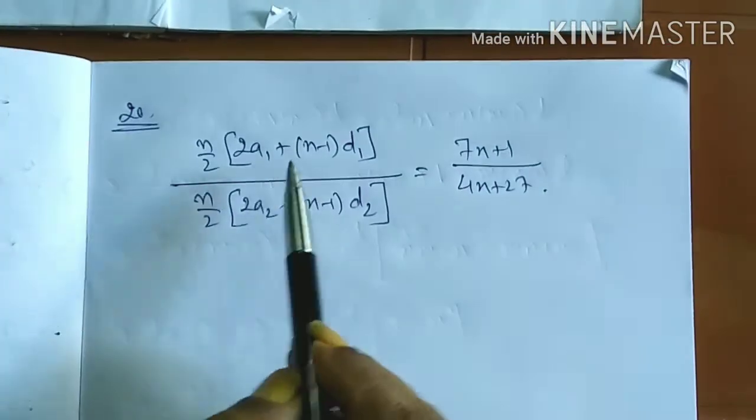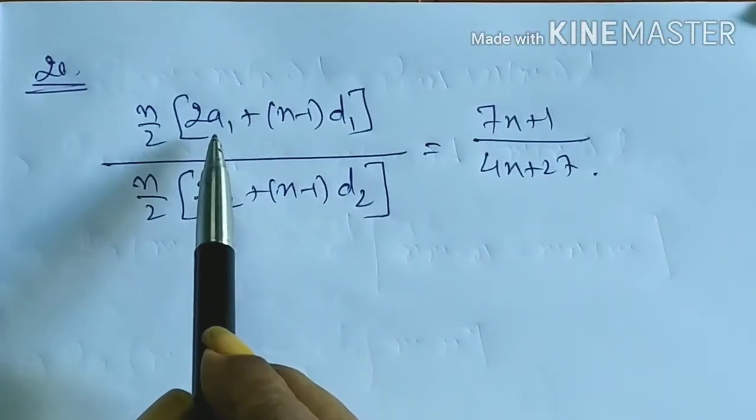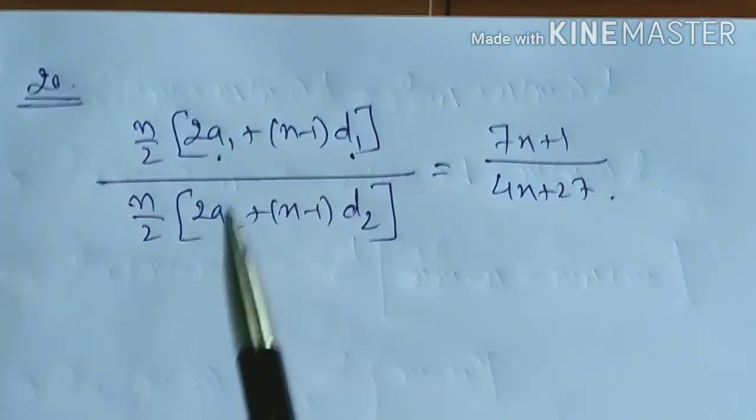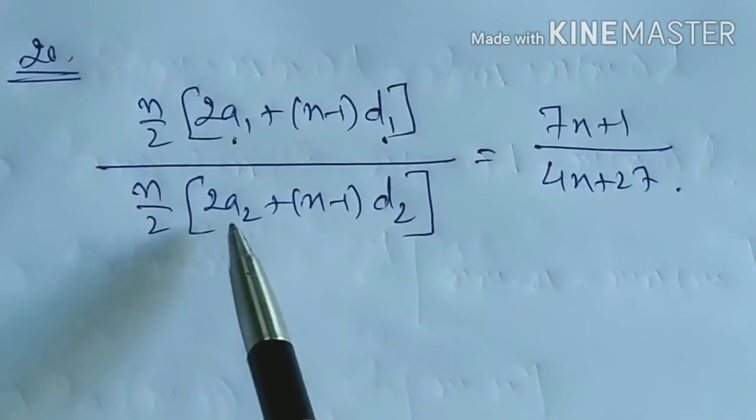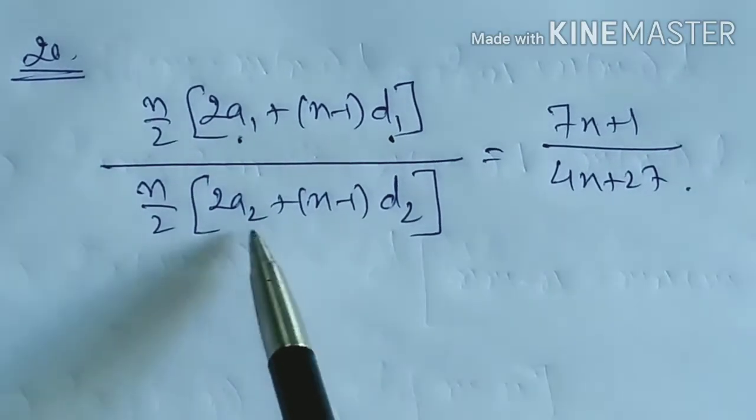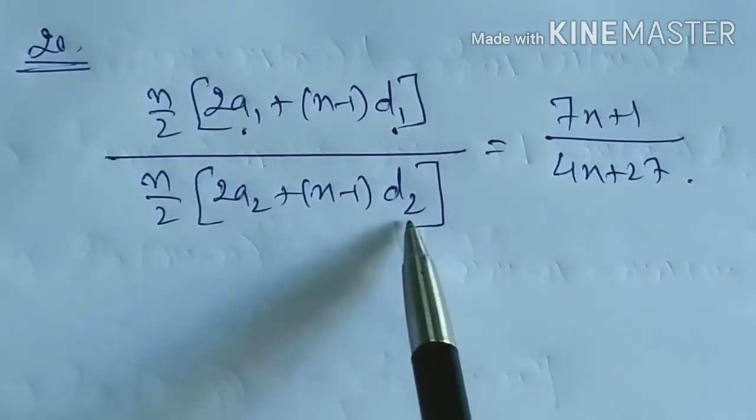So in the first progression I have taken a1 and common difference d1. In the second arithmetic progression, I have taken the first term as a2.